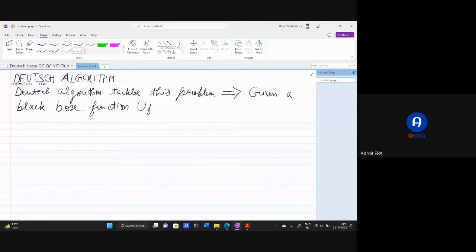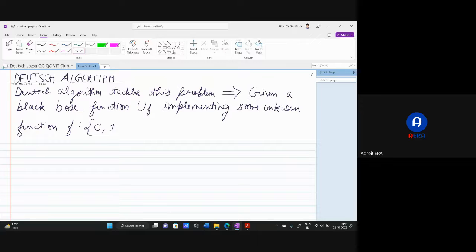So U_F implementing some unknown function. What is the function f? We have f from 0 1 to 0 1. So f takes two values, 0 and 1, and it throws the output 0 or 1. Basically these are the inputs and the outputs.